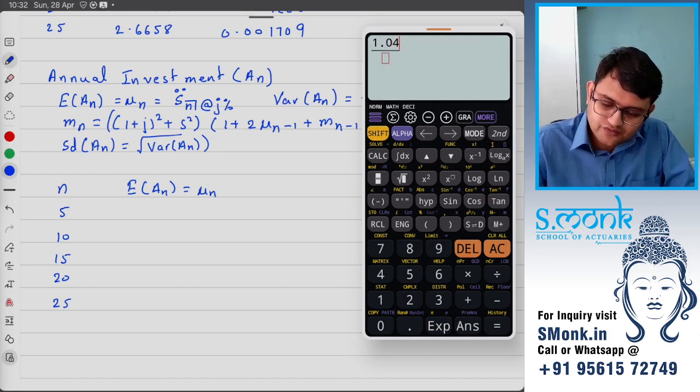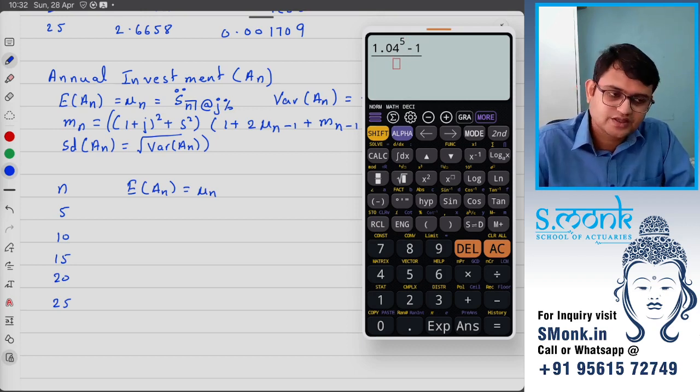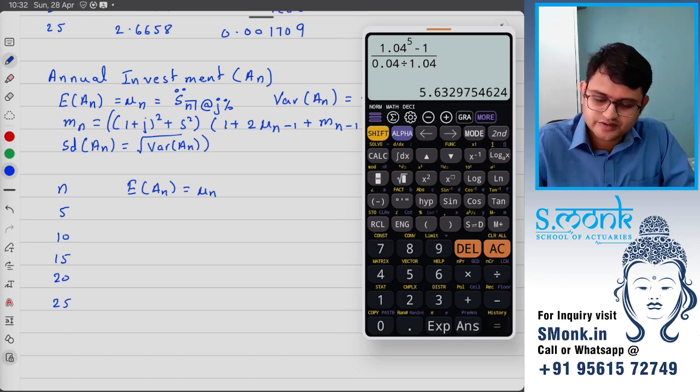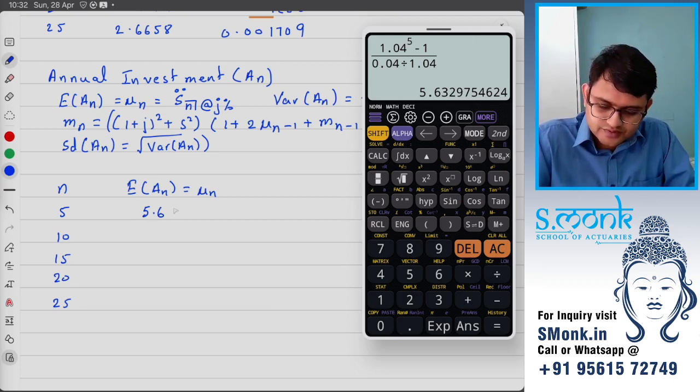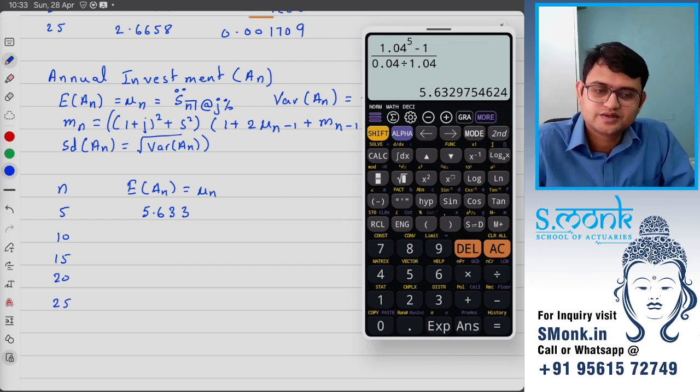So 1.04 raised to 5 minus 1 upon d, the denominator will be d, that is 0.04 divided by 1.04. I'm rounding it up and it's becoming 1.633.